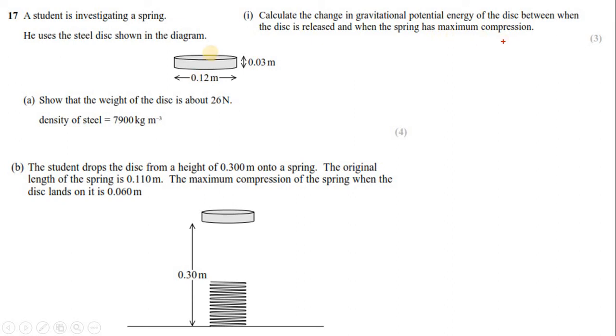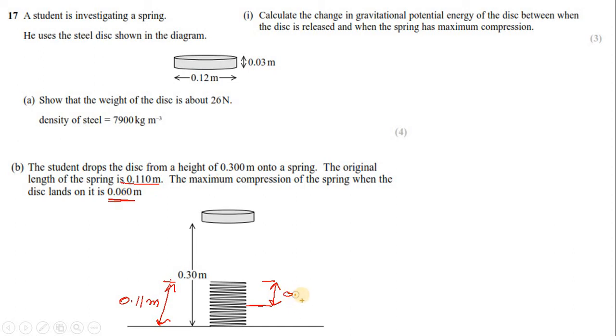The idea is we know the height from which the disc is released, and the original height of the spring is given, which is 0.11 meter here. Then when the disc compresses the spring, I am assuming the maximum compression is 0.06.